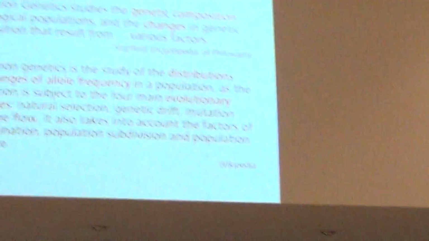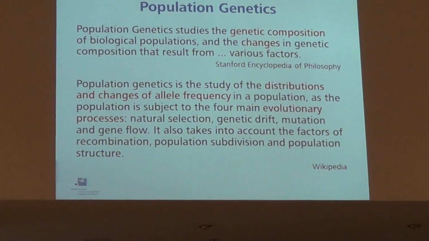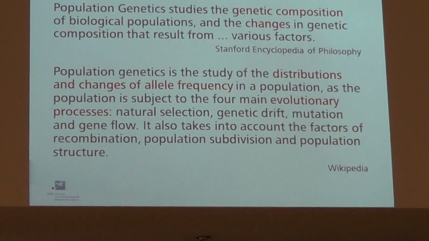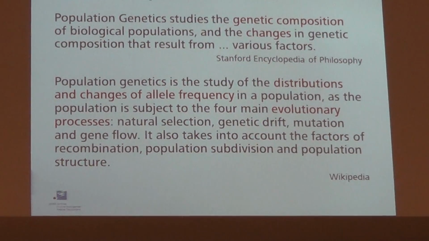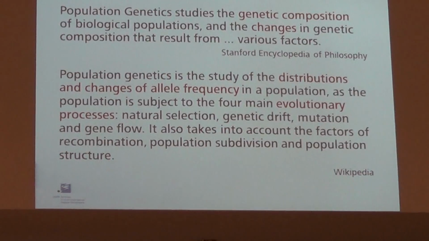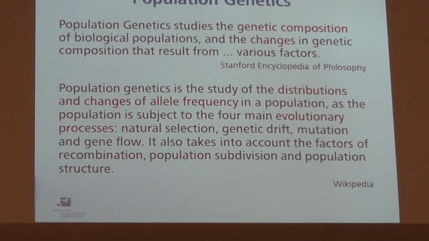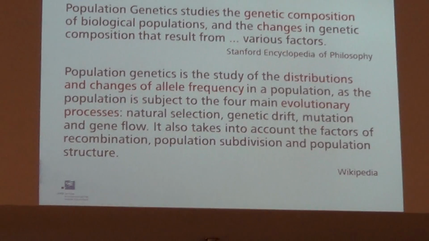What you can read there is that population genetics is the study of the distributions and changes of allele frequency and so on. So it's about frequencies of alleles, and as you will see also haplotypes, and how they are created and changed by the evolutionary process.